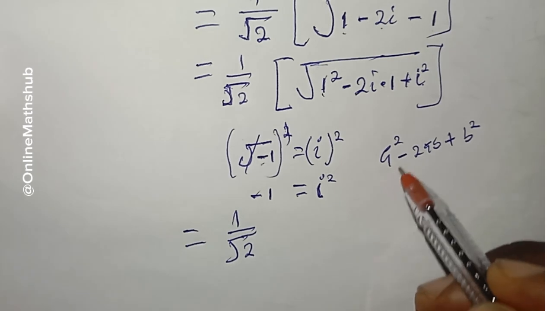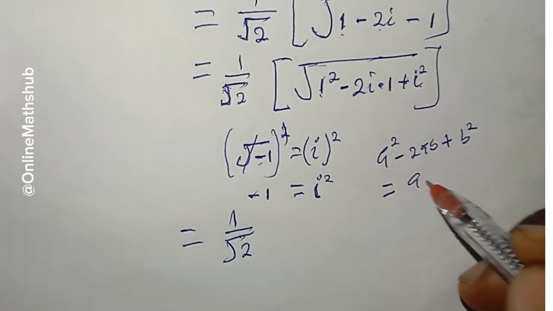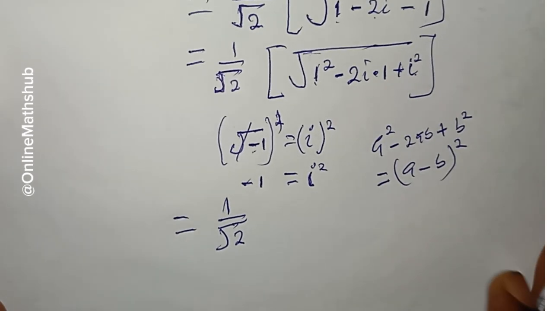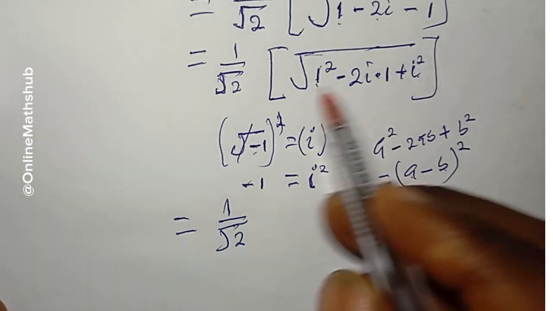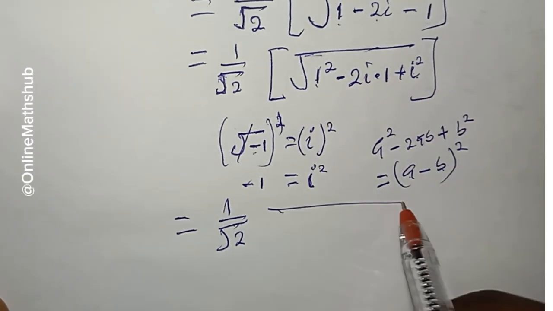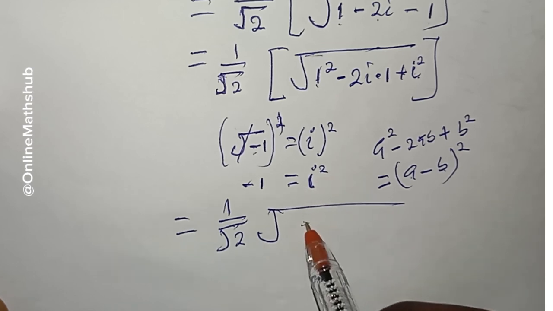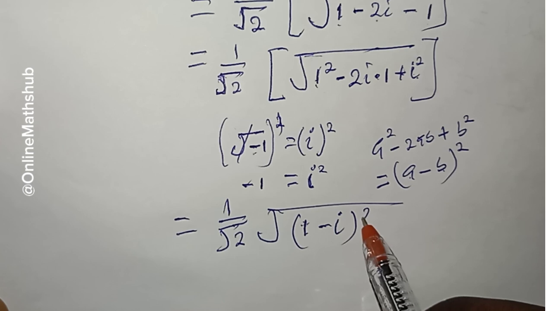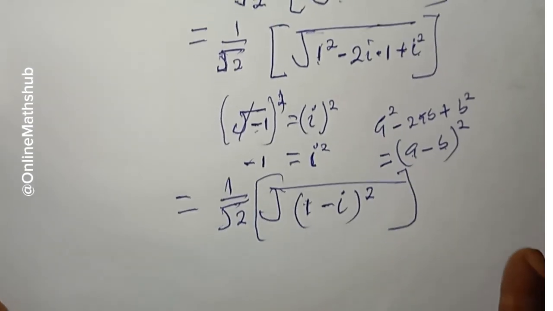But then of course this expression can be written as (a minus b) squared. So if a is equal to 1 and b is equal to i, I can write all of this stuff inside the square root as (1 minus i) all squared. So this is what we have. Let me still put it in brackets.